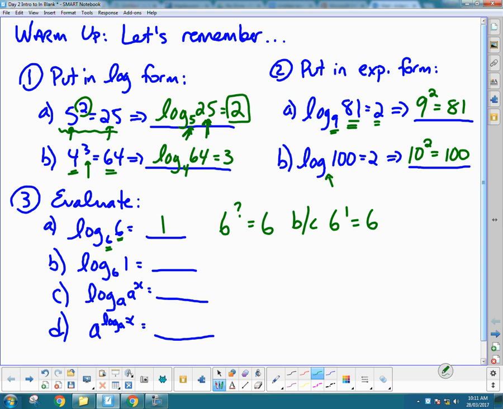B says, what exponent do you put on 6 to get 1? Same idea, 6 to the x equals 1. We should remember that 6 to the power 0 is going to get you 1. So log 1, regardless of the base actually, is going to be 0.